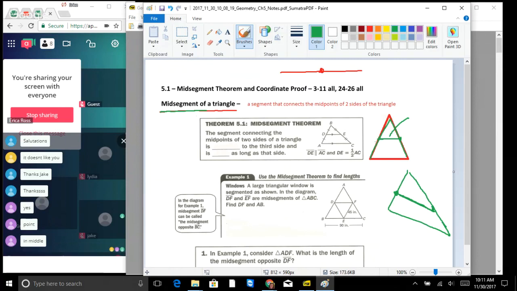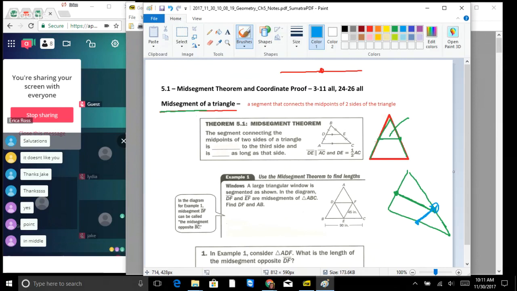You could also draw the mid-segment this way. The middle of this leg is here, the middle of this leg is here, so this is another mid-segment of the triangle.